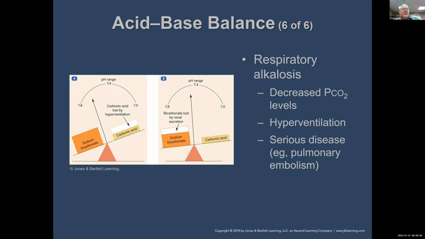So in that case, we're now going over to the basic side, more towards 10, 12, 14, and we need to reduce the amount of bicarbonate in the body, and that will bring us back to our normal homeostatic 7.35 to 7.45 pH state.